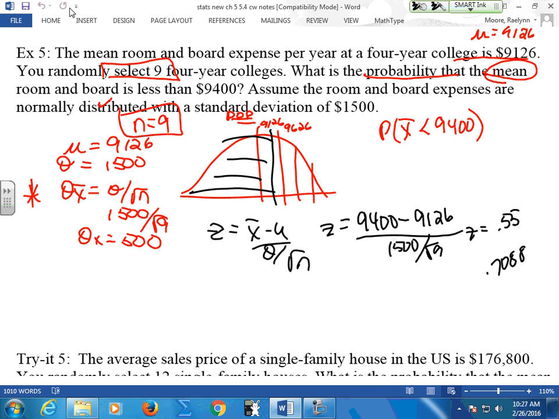Because if this said, what is the probability that it's greater than 9,400, and we went through all of this work, and we said greater than 9,400, and you put it here, you would guesstimate maybe 40%, because it's less than 50, right? If you came down here and saw this answer, what would you know to do? Subtract it from 1. So that's why your graphs and your guesstimates are important. Then you would know to subtract it from 1.